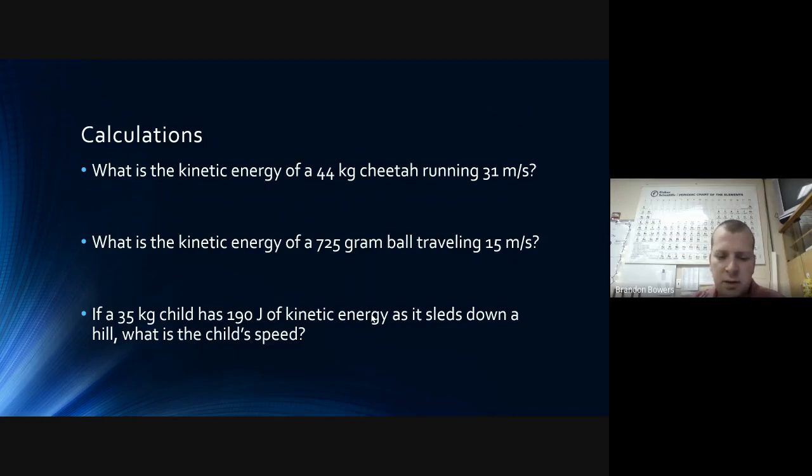And for the third one, I got about 2.3 meters per second.